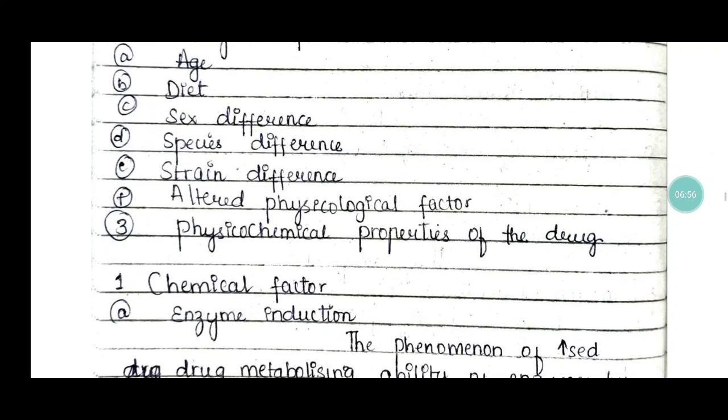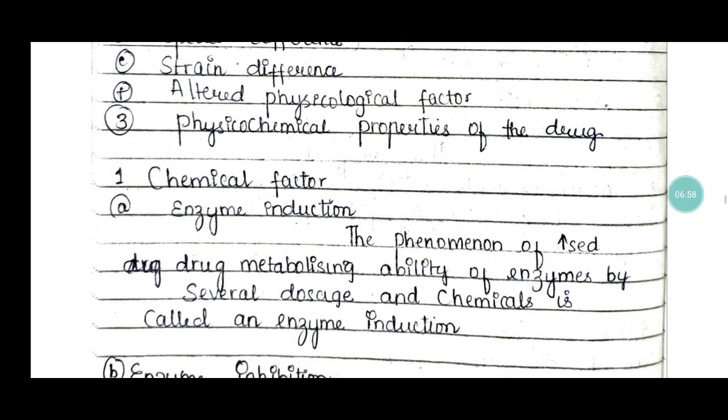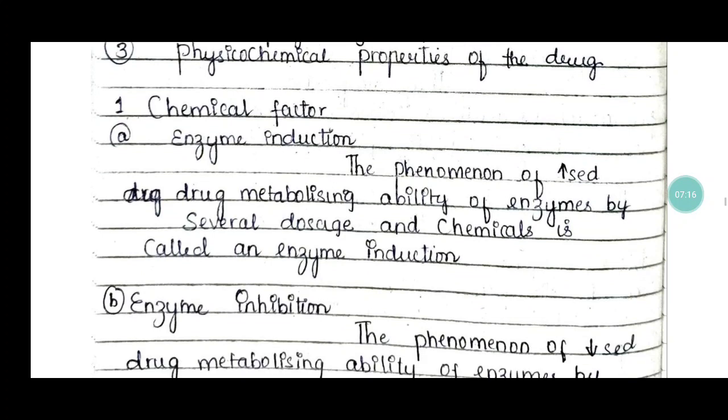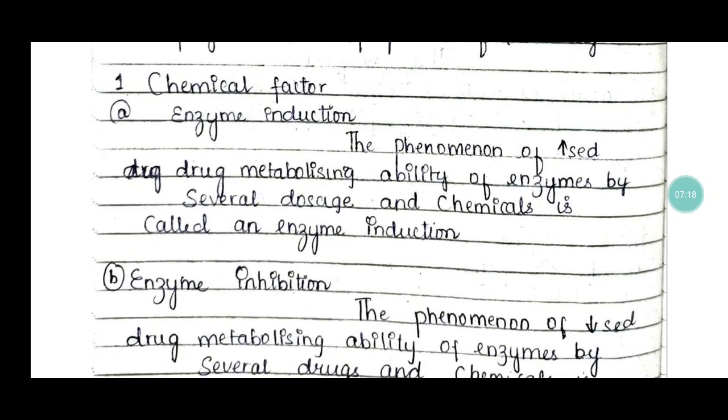So we will see from the first one, that is chemical factors, and in that, enzyme induction. The phenomenon of increased drug metabolizing ability of the enzymes by several dosage forms and chemicals is called enzyme induction. In enzyme inhibition, the phenomenon decreases the drug metabolizing ability of the enzyme, so it decreases the metabolism of the drug.